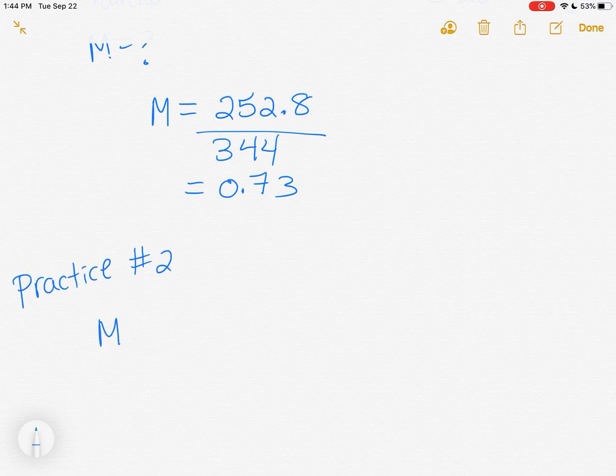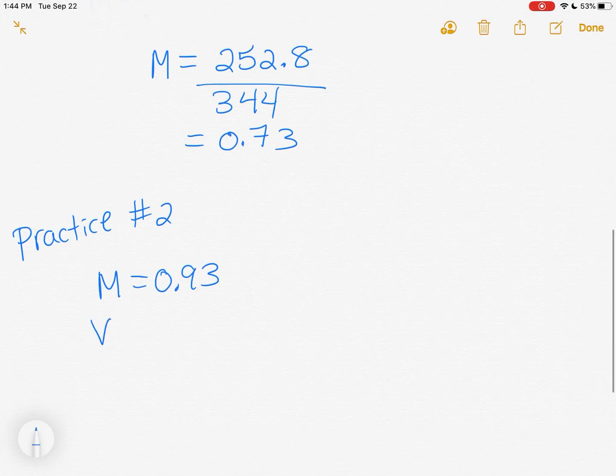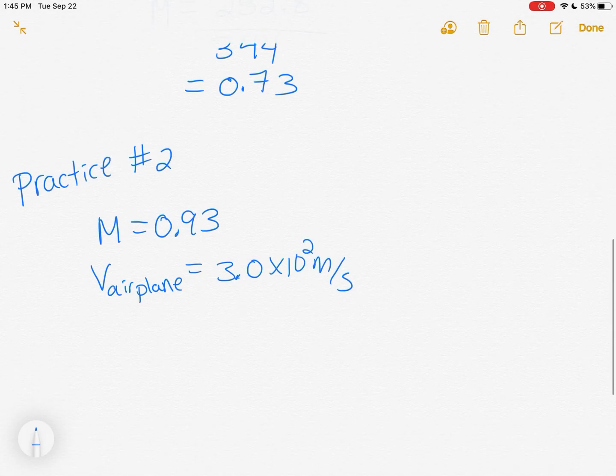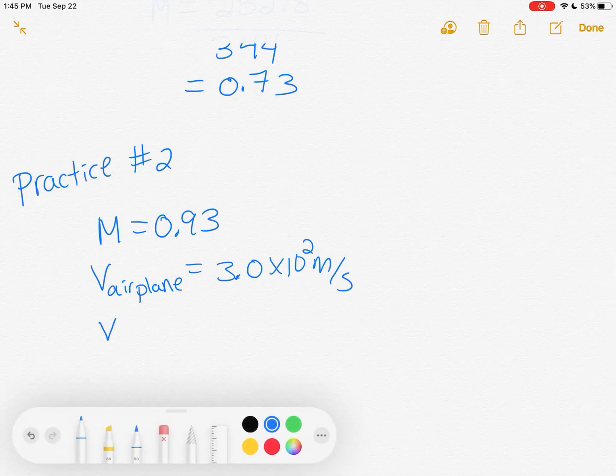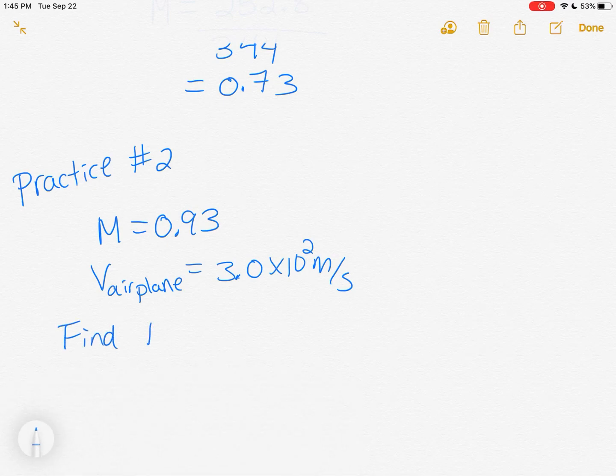So practice number 2, we know that the Mach number is 0.93, and we know the speed of our airplane is 3.0 times 10 to the 2 meters per second. And we're trying to find, let's actually say that we're trying to find the temperature. So in order to find the temperature, we're going to need to find the local speed of sound.